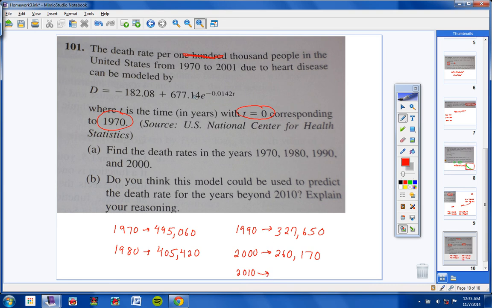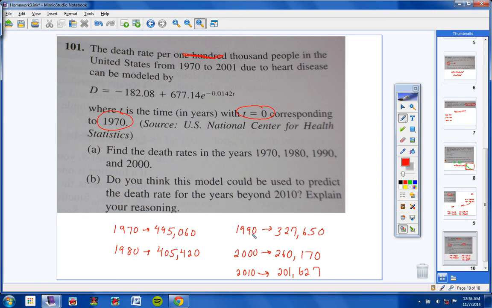And I got out 201,627. Now, for me, I think that yes, that's a pretty good prediction because I can see how the number is shrinking.